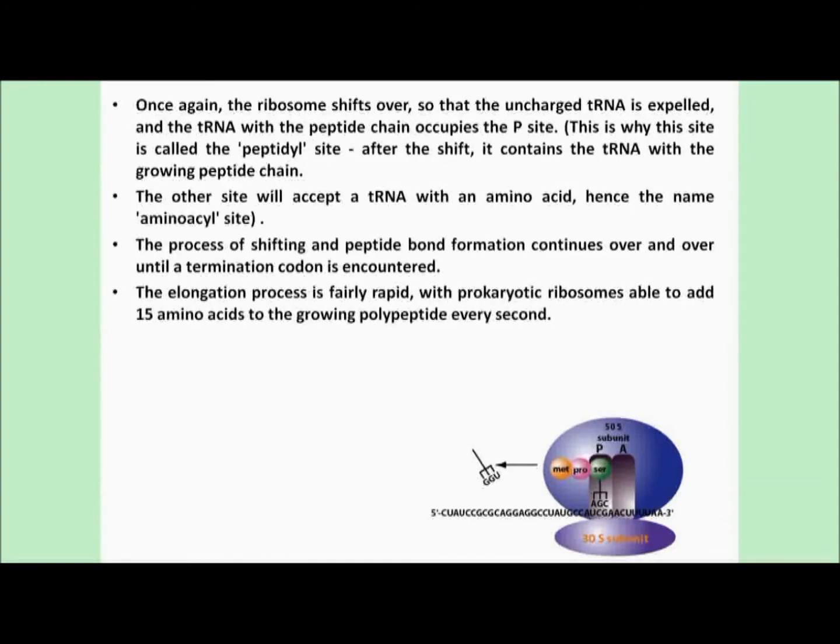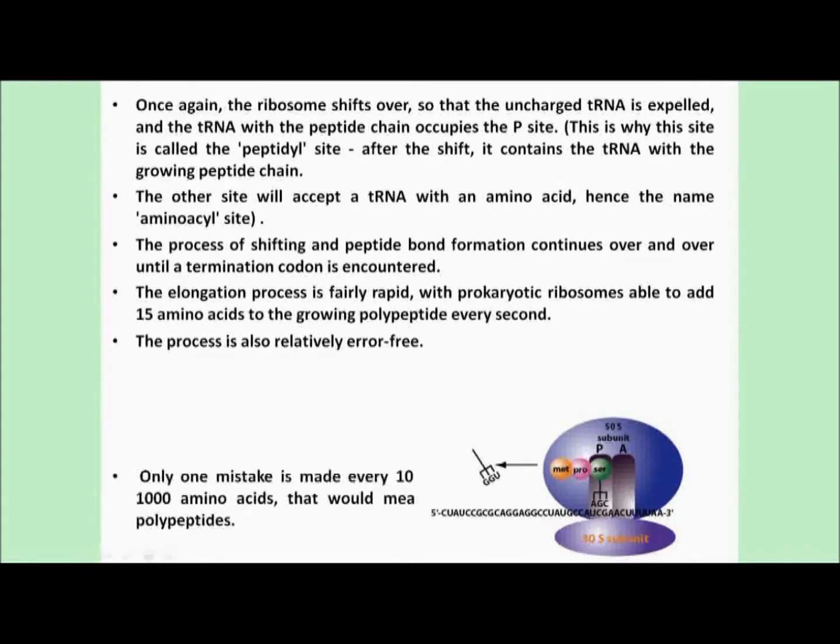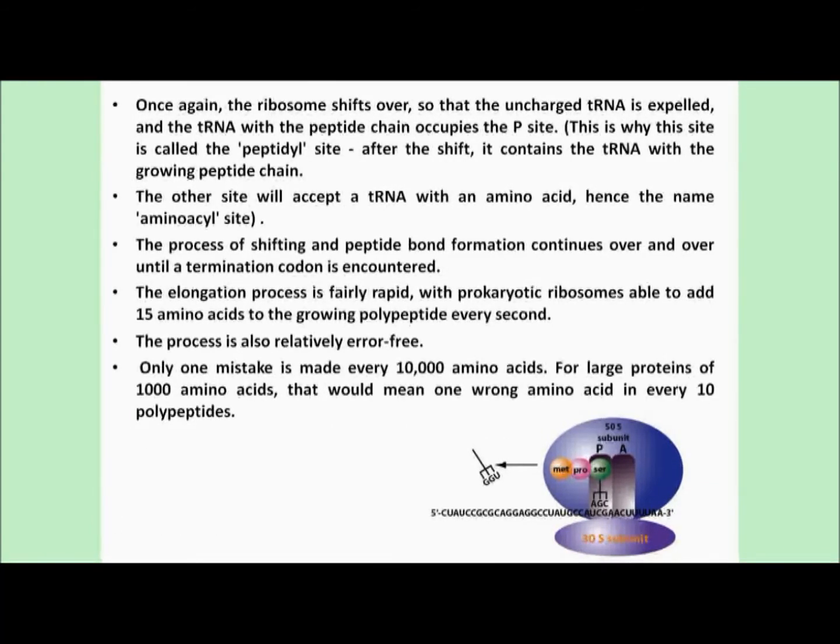This process is so fast. The process is also relatively error free, but sometimes errors occur. Only one mistake is made in around 10,000 amino acids. For a large protein of, suppose, 1,000 amino acids, there would be a chance of one wrong in every 10 polypeptides.